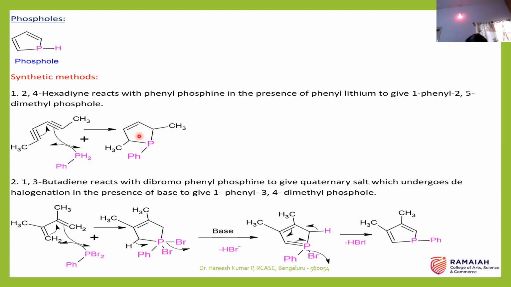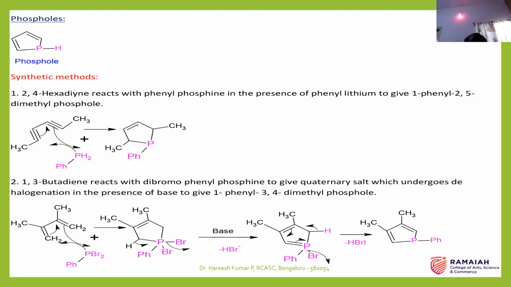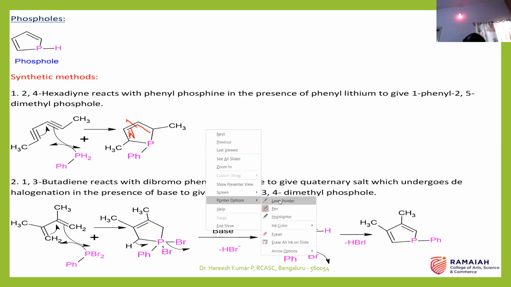No, I think here I will correct it. There is a double bond here. Then only it is a phosphole, and there is no double bond here. This is not there. You need to account for that.